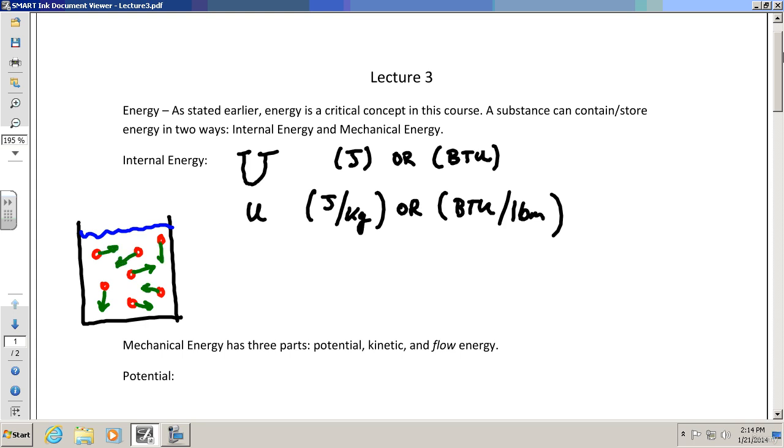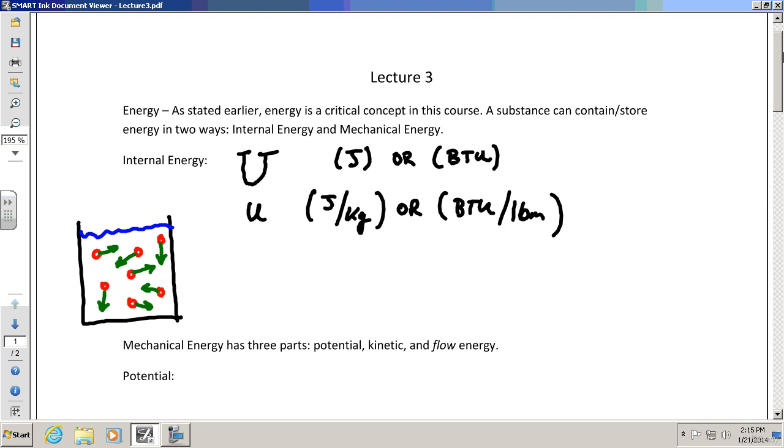They're easily mobile. The faster they move around, the more energy is stored in the molecular motion. Now, that's not how you see internal energy, but that's what's going on if you were to look inside at the molecular level. The faster they're moving around, the more internal energy is going on inside.